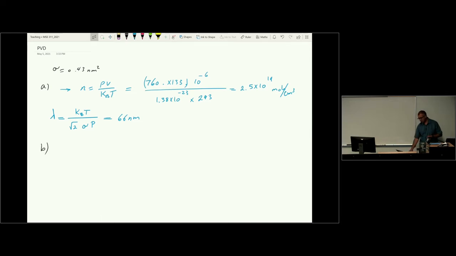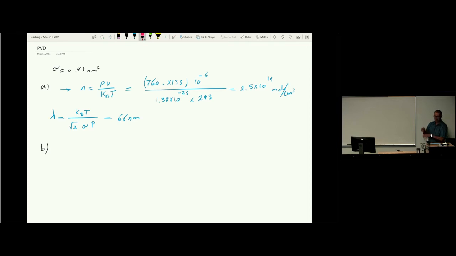The second part of the question says, what happens at 10 to the minus 7 torrs? If we pump down the chamber to 10 to the minus 7 torrs, what is the number of atoms per cubic centimeter, and what is the mean free path? You can go through the same calculation again as above, or you can just scale both of those numbers with pressure, right?